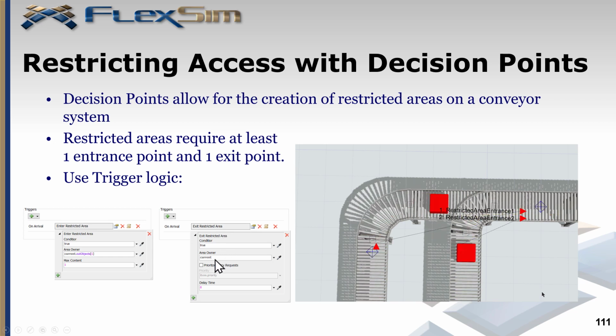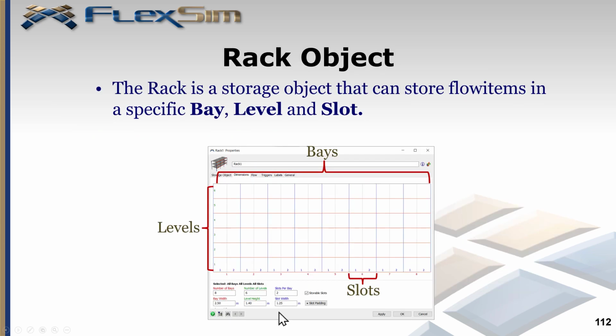The area owner is this object itself, the current decision point. What this does is send a message to the upstream decision points to release the next flow item in line every time a flow item exits the restricted area.